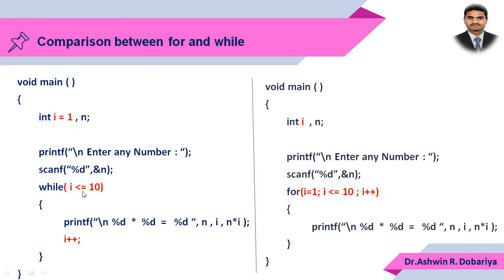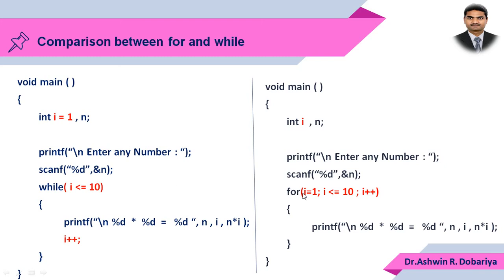The condition is always mentioned with the while, and in a for loop it is the second part of the for statement. The increment or decrement is generally mentioned within the block, but in a for loop it is mentioned in the for statement. So this is the comparison.